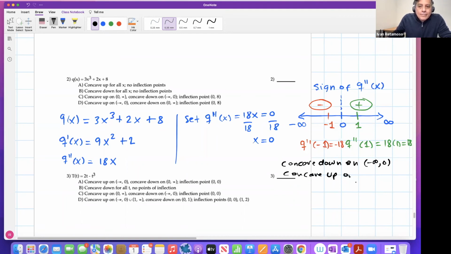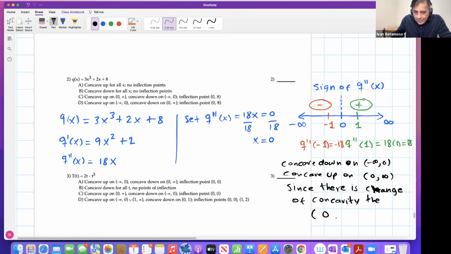Since there is a change of concavity from concave down to concave up, we can say that we got ourselves an inflection point. There is a change of concavity, then 0, its partner via the function, will be an inflection point.